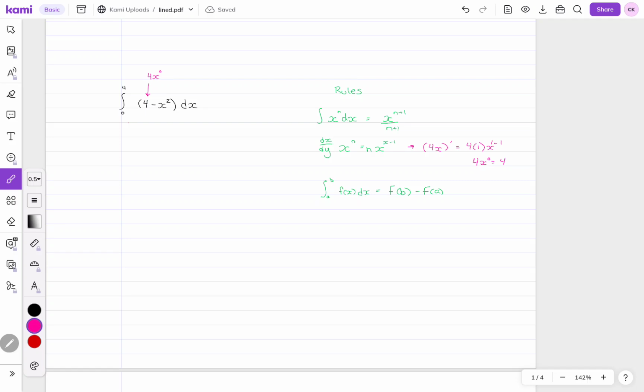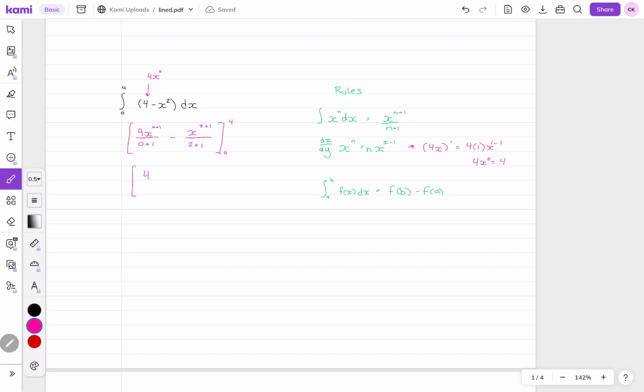So when we take the integral of it, that variable comes back. So this is going to be 4x to the 0 plus 1 over 0 plus 1 minus x to the 2 plus 1 over 2 plus 1. Again, just applying this rule here, evaluated from 0 to 4.